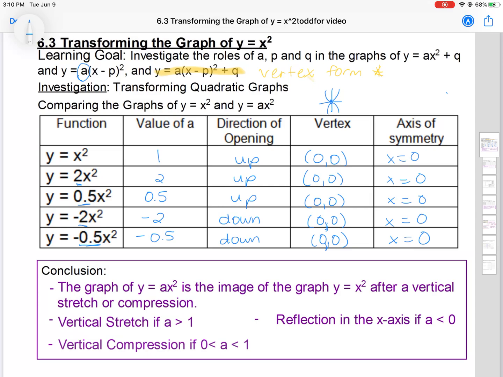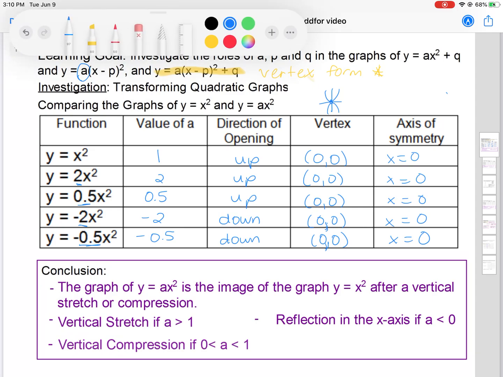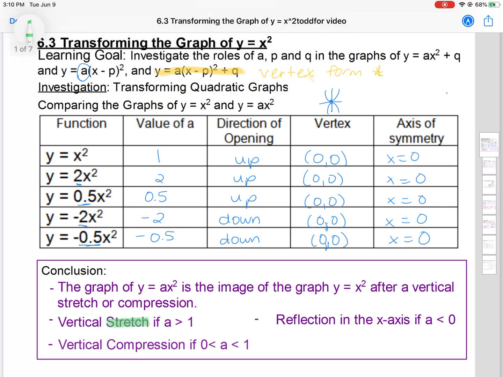So one of the last examples we're going to do today is writing what kind of shift has happened to your parabola. So it's important. We're going to try to use words like vertical stretch, compression, reflection. Okay, so stretch, compression, and reflection in the x-axis.